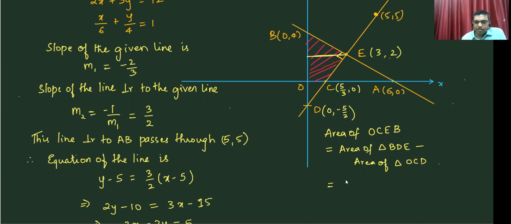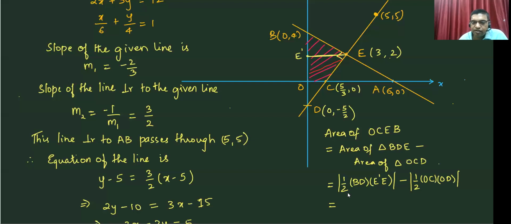This is half BD into, I'll call this E dash, minus half OC into OD. By the way, very important, because this triangle is below the x-axis, you will get negative signs. So you take the modulus, because areas are positive quantities. Areas are not negative quantities.